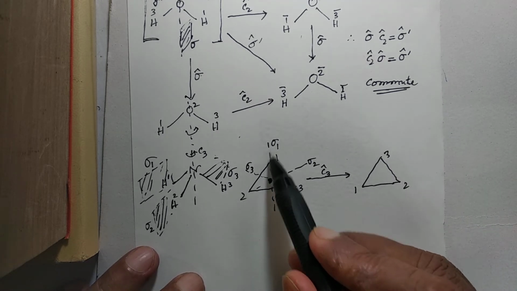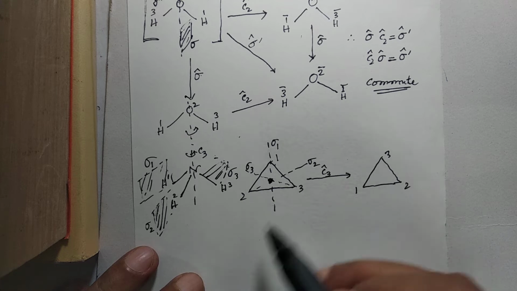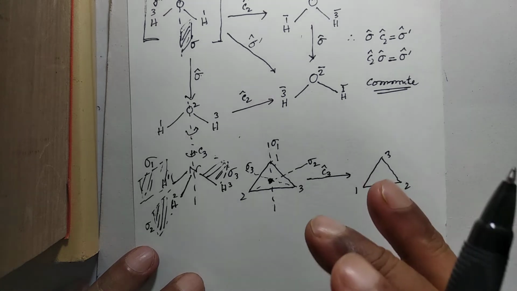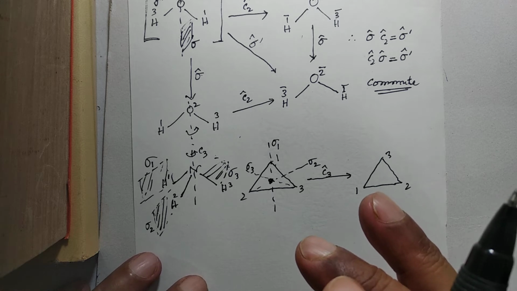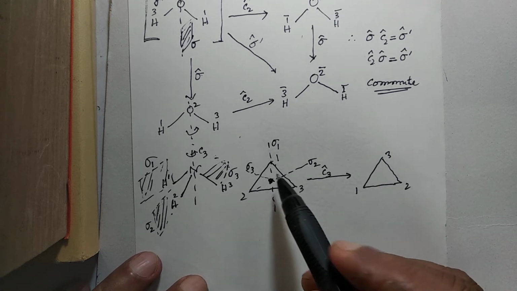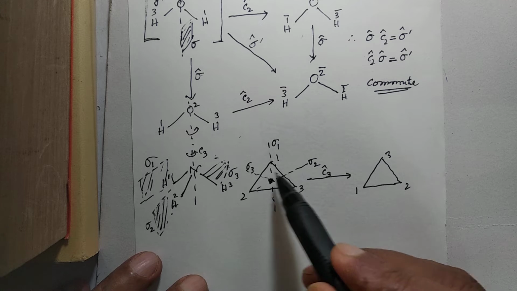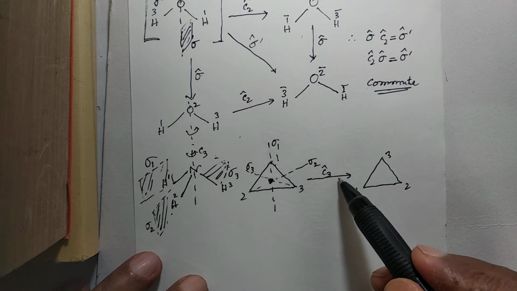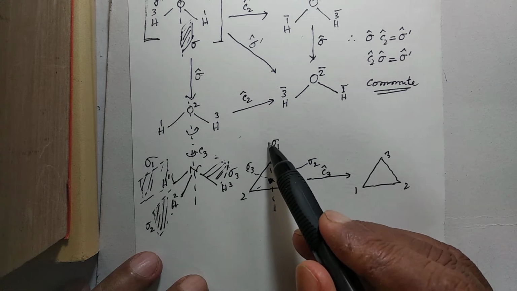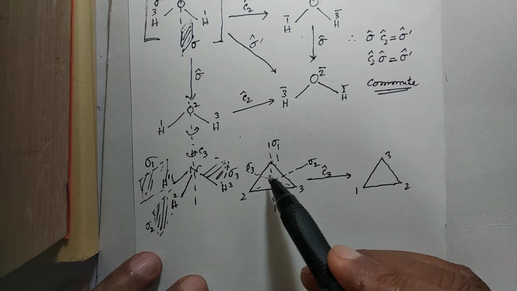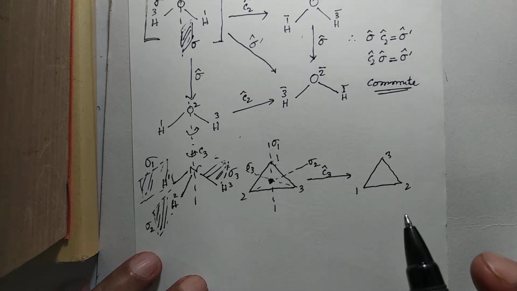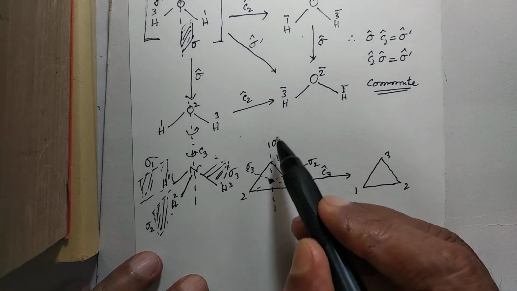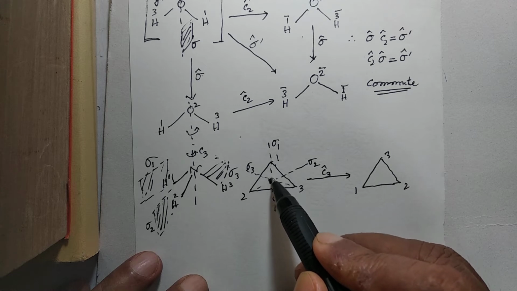The reflection planes, however, do not move. This is to be remembered very particularly, that when the atoms move to equivalent positions by a symmetry operation, the symmetry elements, that is symmetry planes or symmetry axes, do not move. Therefore, after this rotation, the sigma 1 plane remains here.